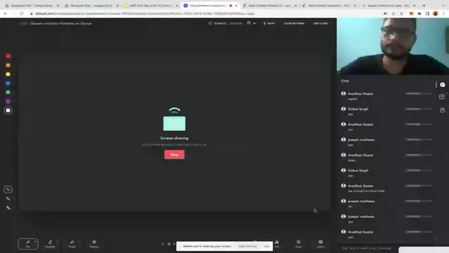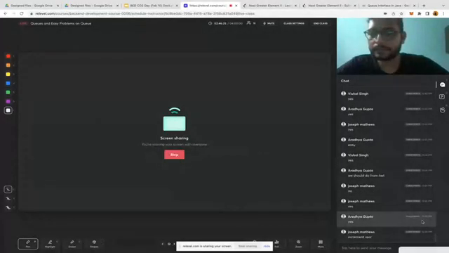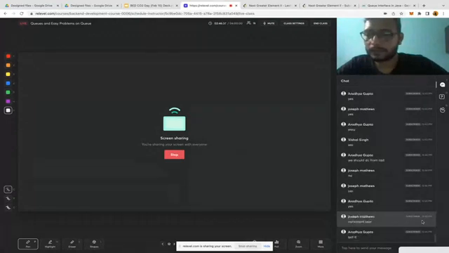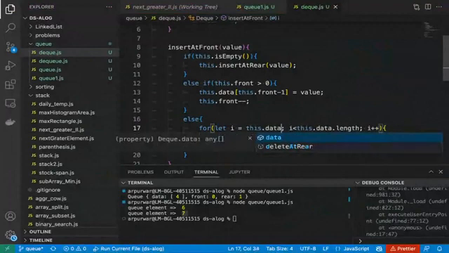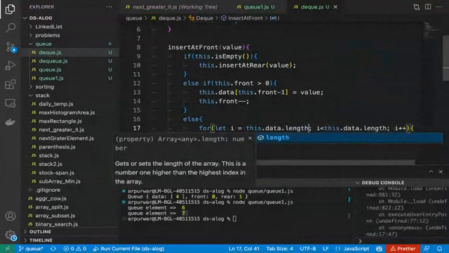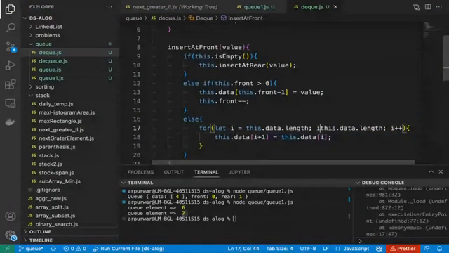Got it, guys? Yeah, we'll do that, and at the end, we'll definitely increment the rear. So this was wrong, so let's start from the backside. I equals this dot data dot length, I greater than or equal to 0. Oh, no, we do not need to go to 0. Yes, I greater than 0.